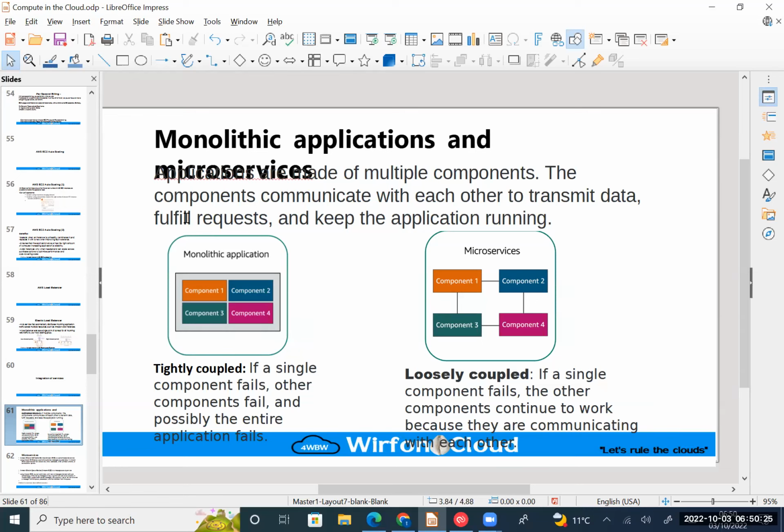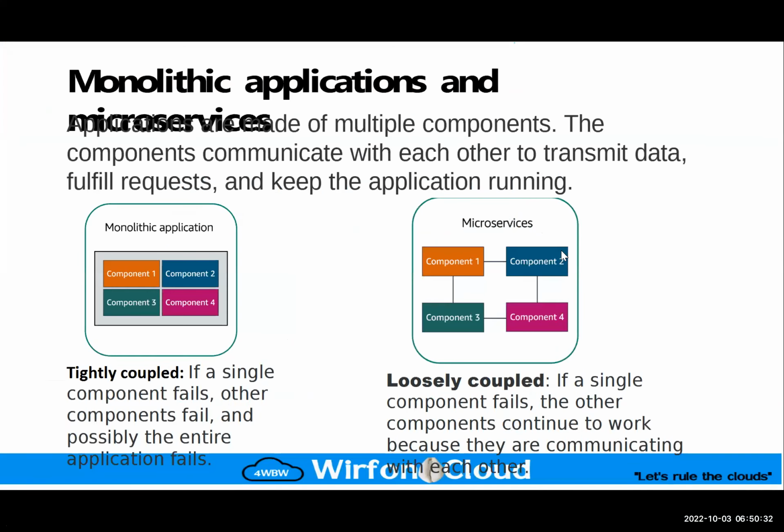So in the course of time, you also hear about loosely coupled applications or tightly coupled applications, but there is always the recommendation that you have your applications in a loosely coupled way, so that if each component fails, everything will not fail.